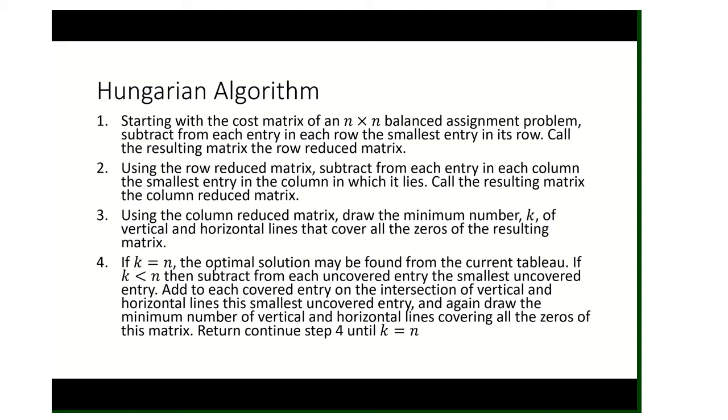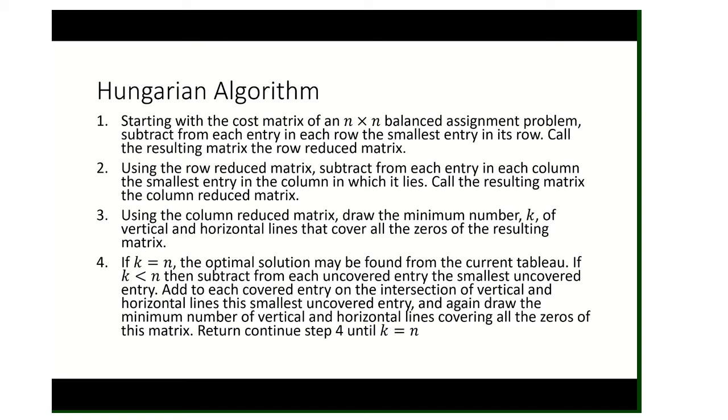If not, then you subtract from every uncovered entry the smallest uncovered entry, add to each covered entry at the intersections the smallest uncovered entry, and again draw the minimum lines. So there's a bit of an iterative process here, and you just continue doing that until you have the right number of lines covering all of your zeros.